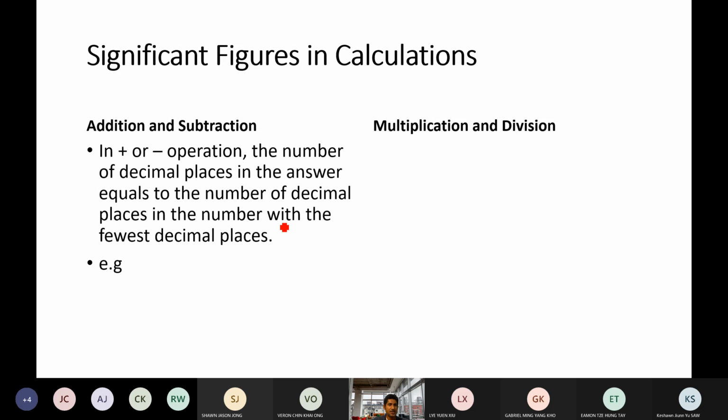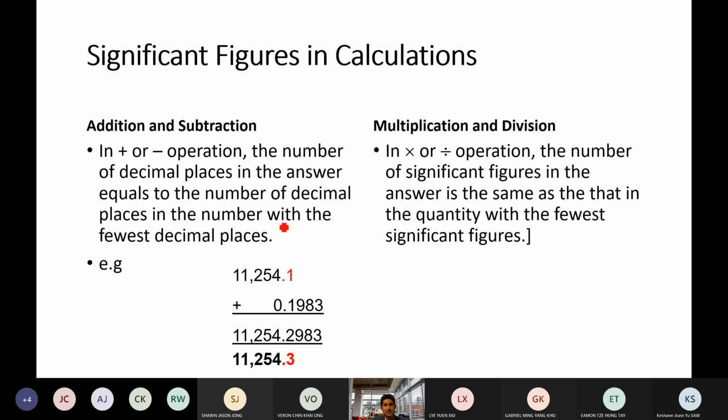Addition and subtraction for calculation of significant figures: for addition or subtraction, the last digit at the end of our operation should always follow the minimum number of decimal places.